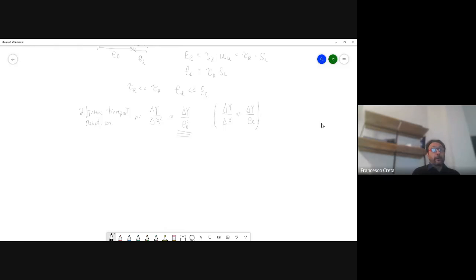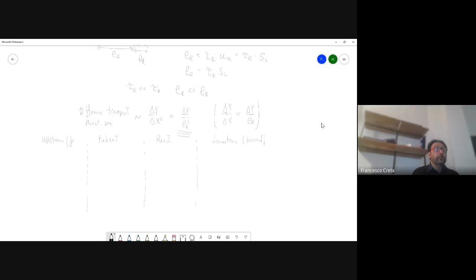So the structure of the flame, therefore, is the following. So we have a preheat zone, a reaction zone, and then this is a schematic, and then downstream conditions, so burnt condition, and an upstream condition, right?